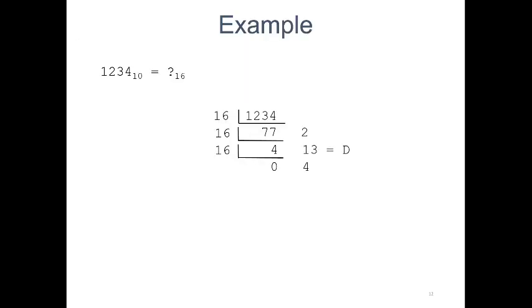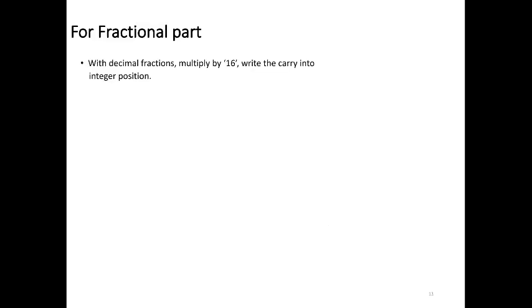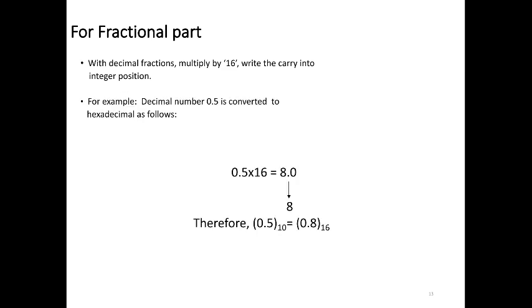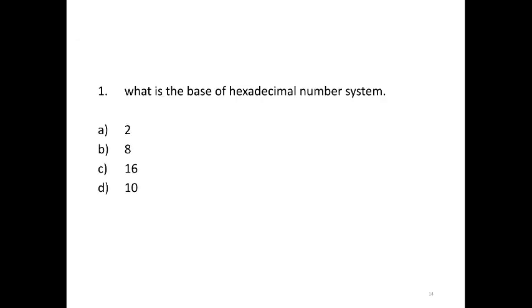Okay, so till here we have done this fractional part with decimal. This was to convert from decimal number to hexa, but we didn't see hexa to decimal. Okay, so yeah, this was done.